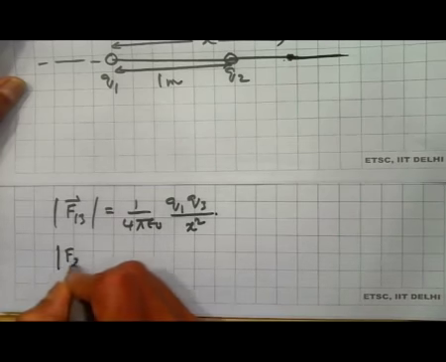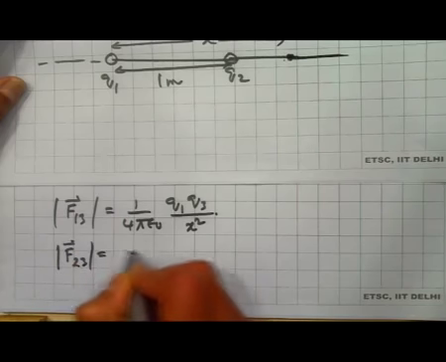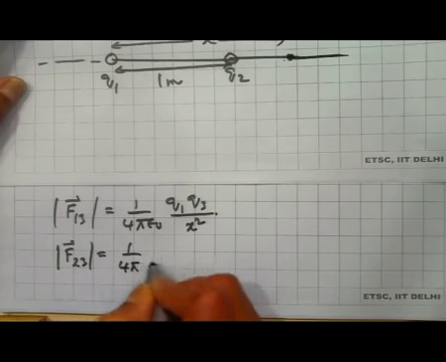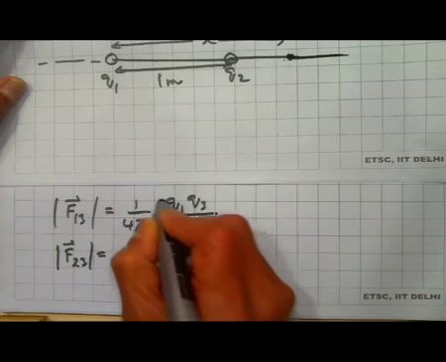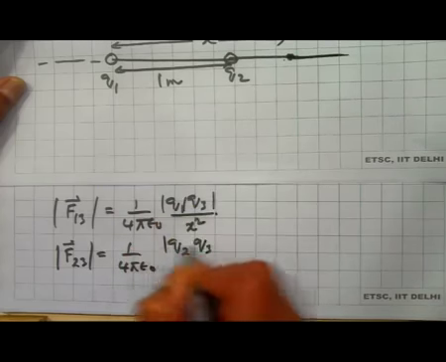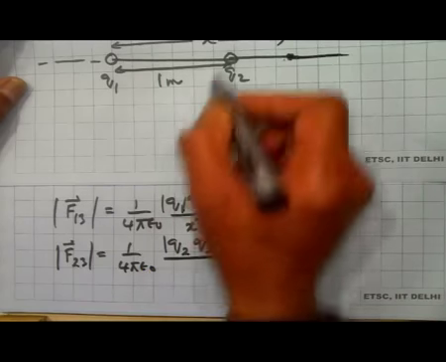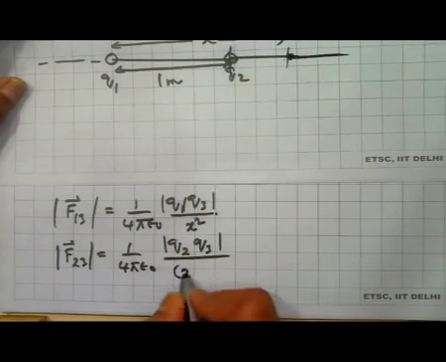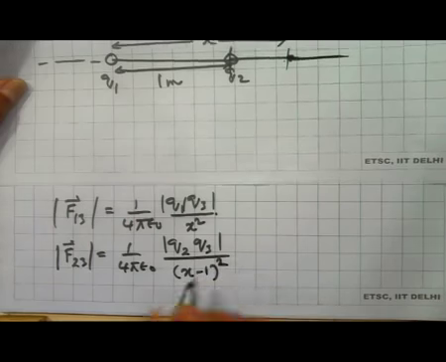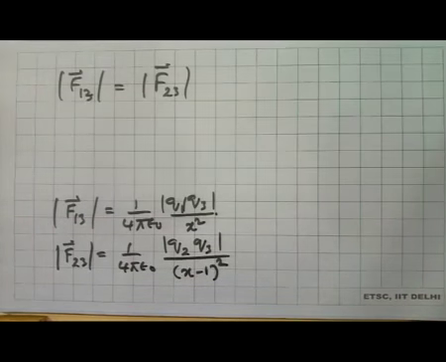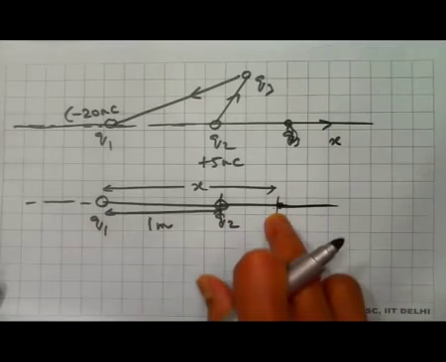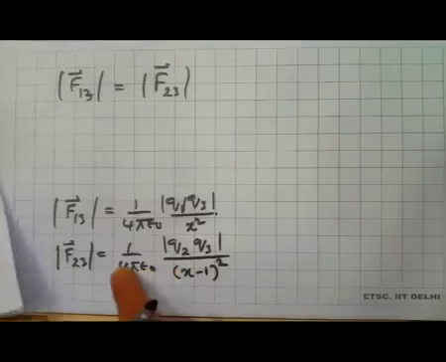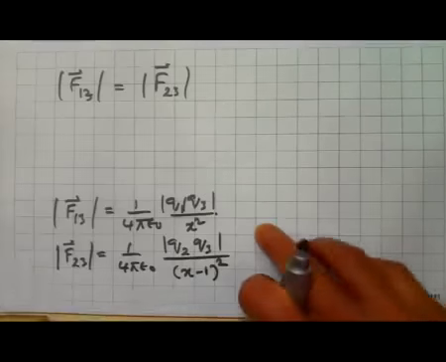Similarly, F23 magnitude is equal to 1 by 4 pi epsilon 0 Q2 Q3, divided by now this distance, so that is x minus 1 whole square. So, this is the magnitude of force of Q1 on Q3, this is the magnitude of force of Q2 on Q3, and let me put them equal to each other to find out the value of x.